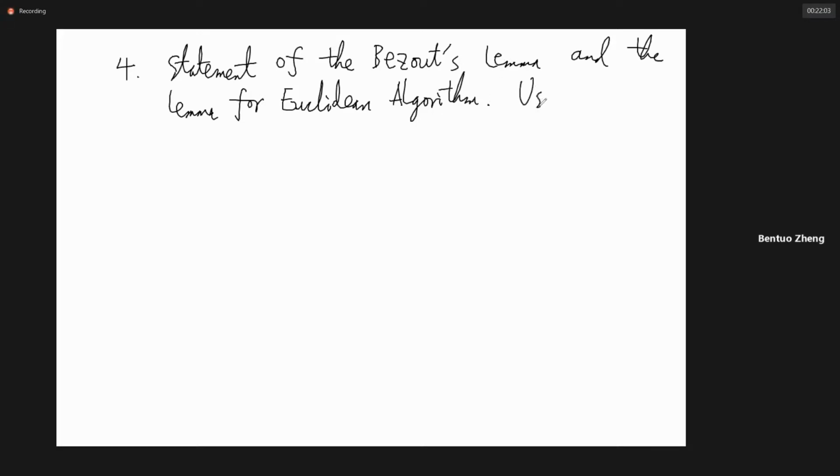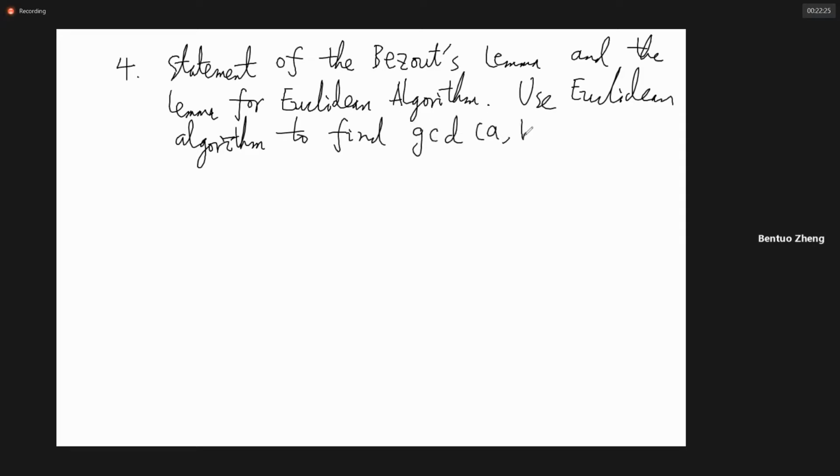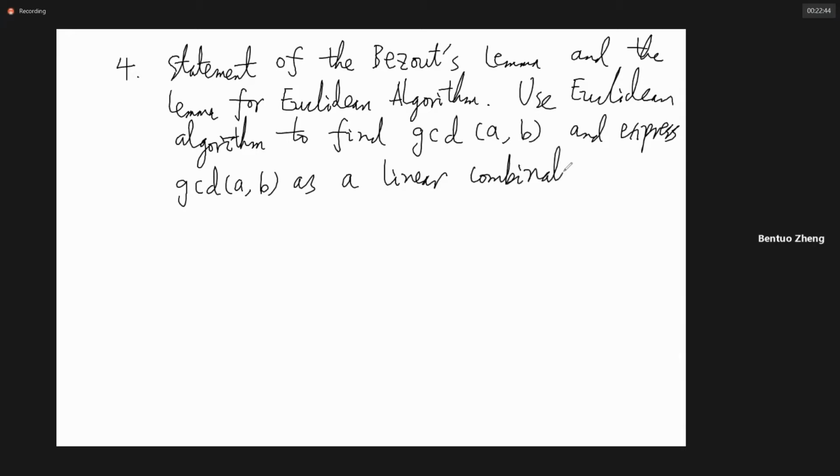And use the Euclidean algorithm to find the greatest common divisor of A and B, and express the greatest common divisor of A and B as a linear combination of A and B.